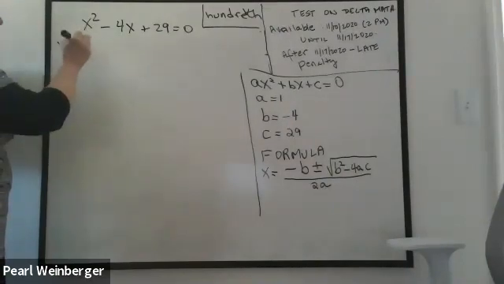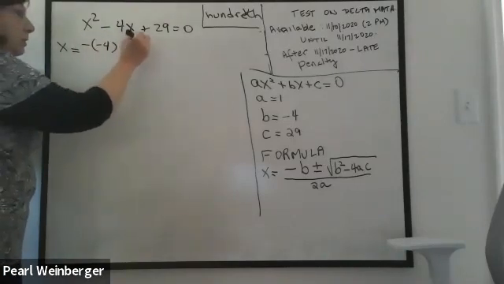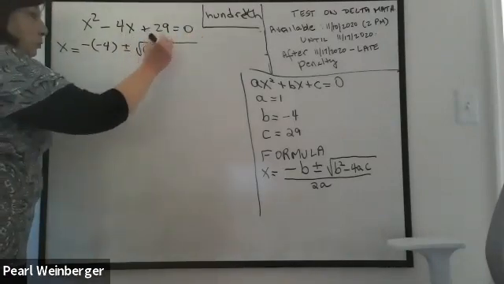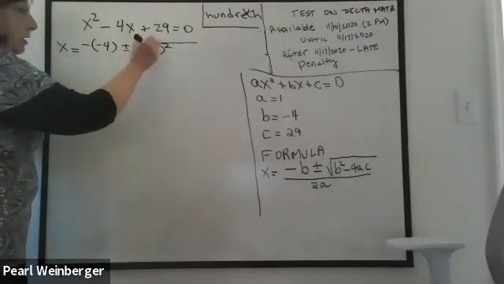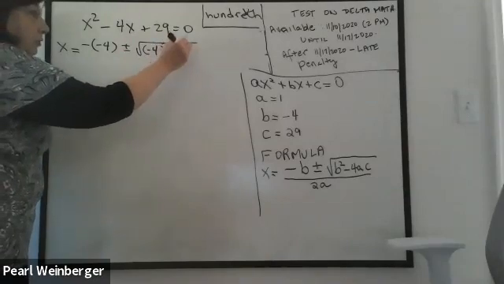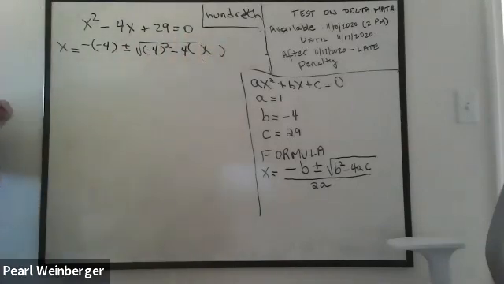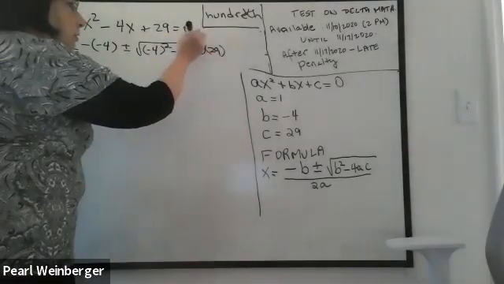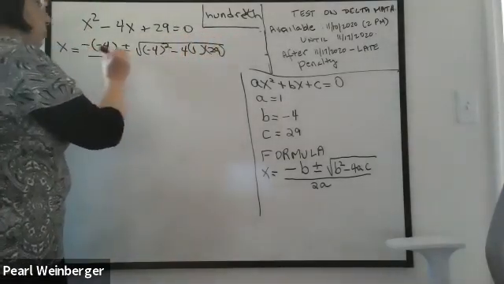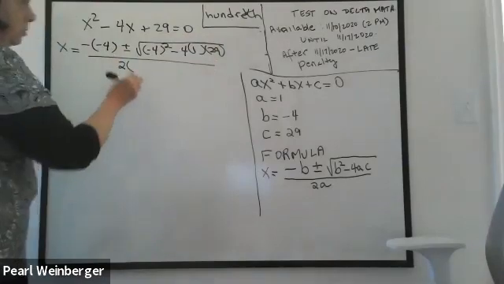So it's x equals -b, in place of the b I put a -4, plus or minus the square root of b squared, here's my parentheses squared for the b, again that's the -4, minus 4, one parentheses for the a, and right next to it a parentheses for the c. The a is 1, the c is 29. And this is all over 2a, 2 times 1.